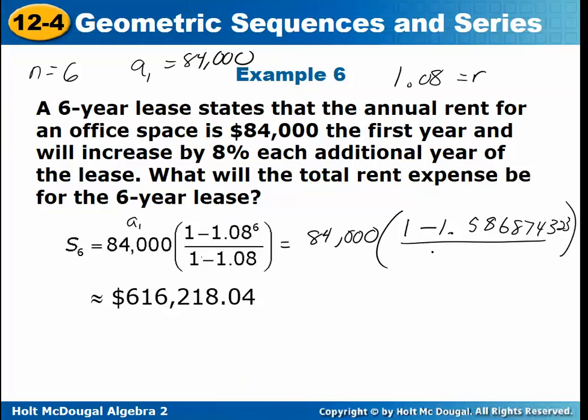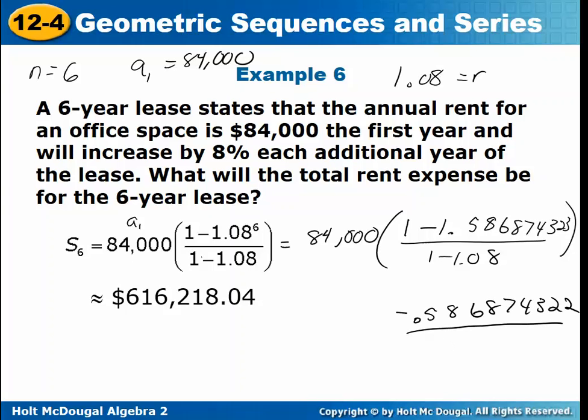All over 1 minus 1.08. Now I'm going to store this in my calculator and go 1 minus that, which is going to be a negative number, and it'll be negative 0.5868743. I'm writing all these down, but I'm actually storing them in my calculator as I go.